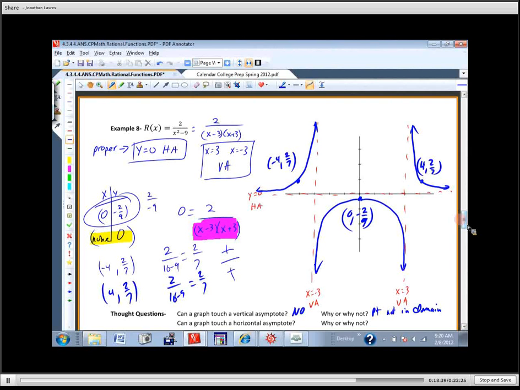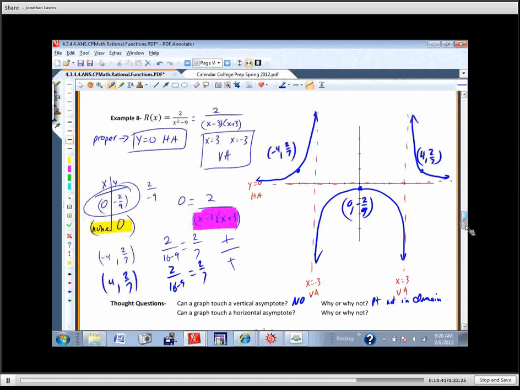Can a graph touch a horizontal asymptote? Who said yes? Okay. Josh is right. The answer there is yes. Okay? But we're going to say this. Usually only in the middle.